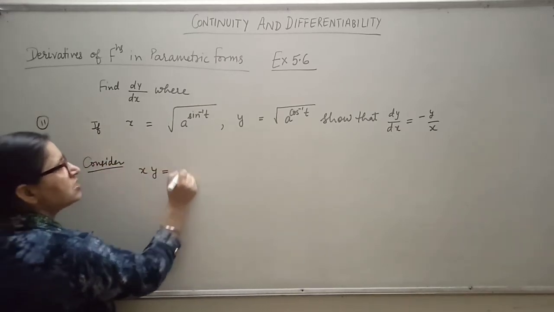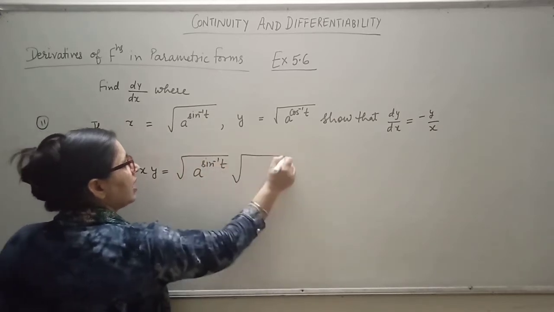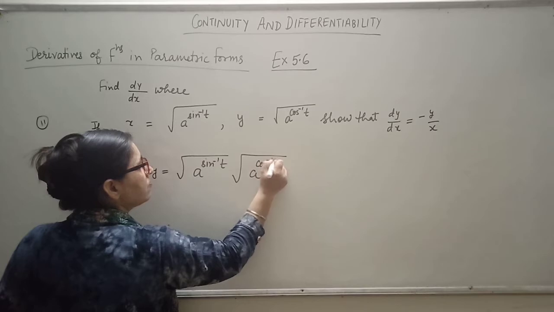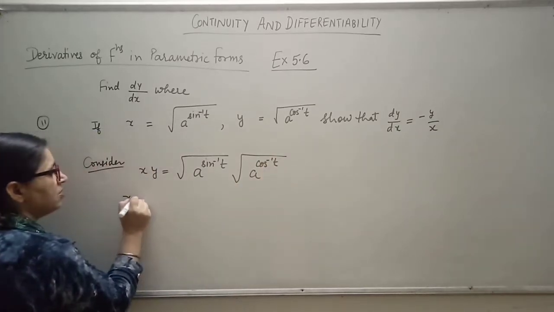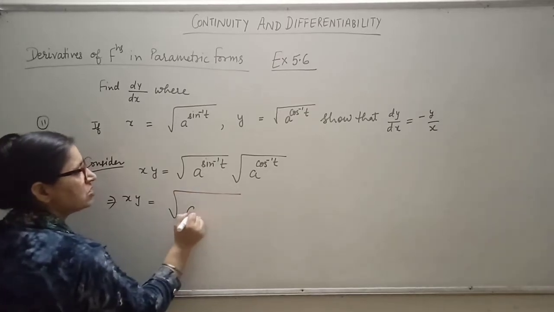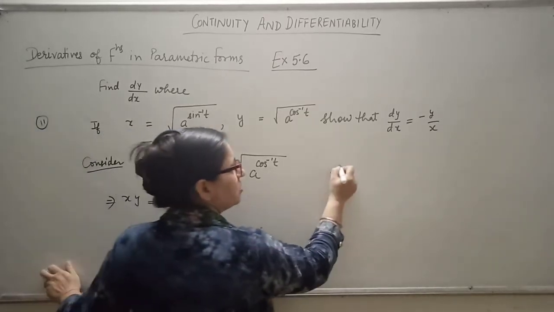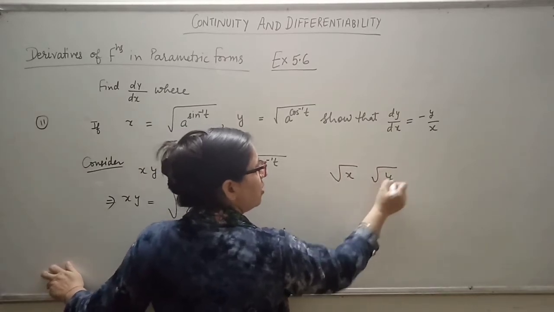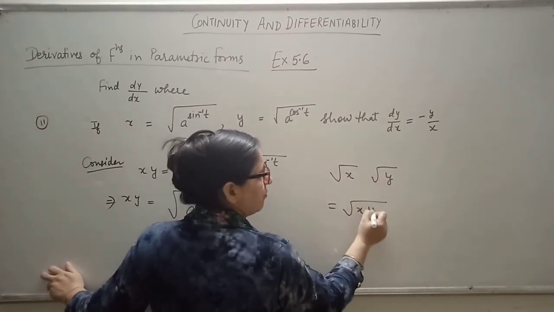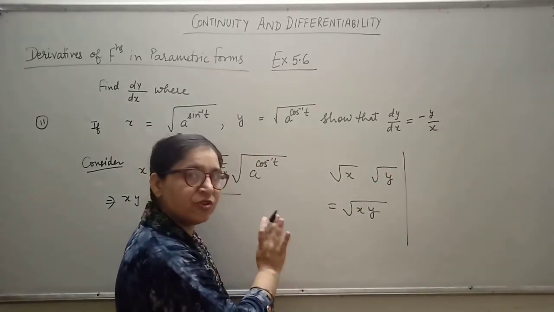If you multiply these two, it becomes a raised to power sin inverse t, a raised to power cos inverse t. Now, because this is in multiplication, look, this is root x, this is root y, we can write it as root xy. It applies in division also.